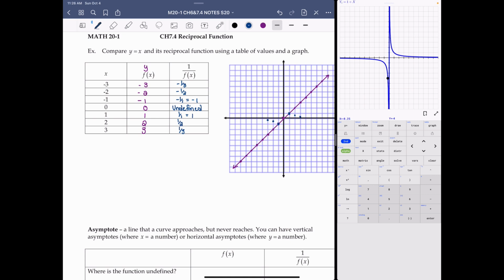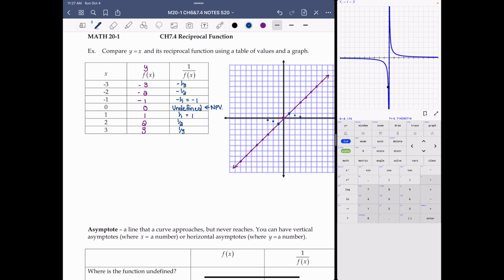But in reality, they're not connected. So there are just two parts: there's the one curve, and there's this other curve. Even though it looks like they're connected with this line in the middle, they're actually not. That's just the graphing calculator showing us the vertical asymptote. Because we said that our reciprocal function is undefined at x equal to 0, that's our non-permissible value.